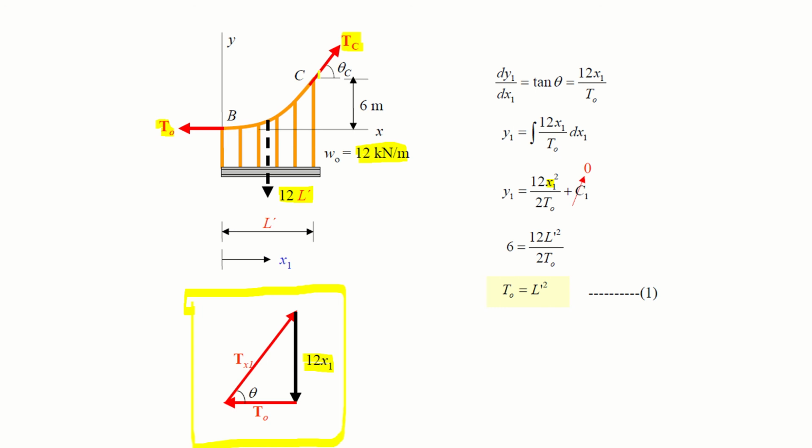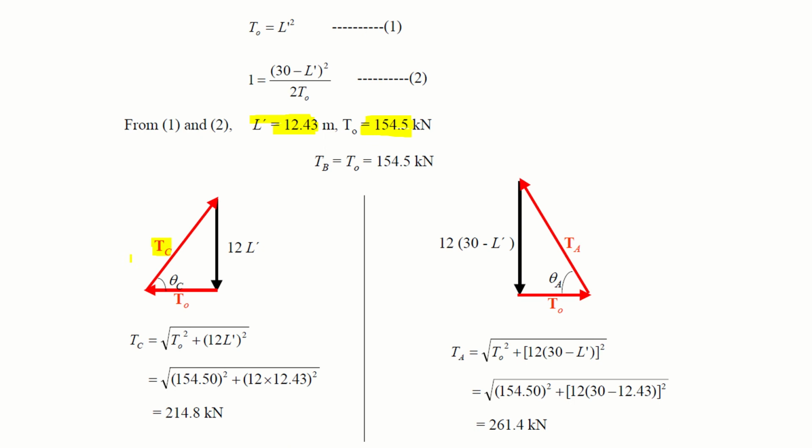So at this point, for example, TC, its base is this, and its vertical or the perpendicular is this. So your TC is the hypotenuse, 1/2 L dash or the vertical load or the applied load is your perpendicular, and the tension in the cable T naught is your base.